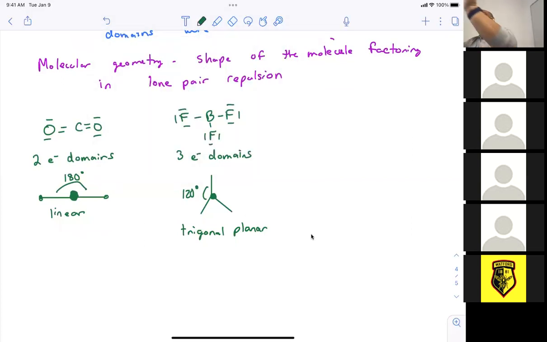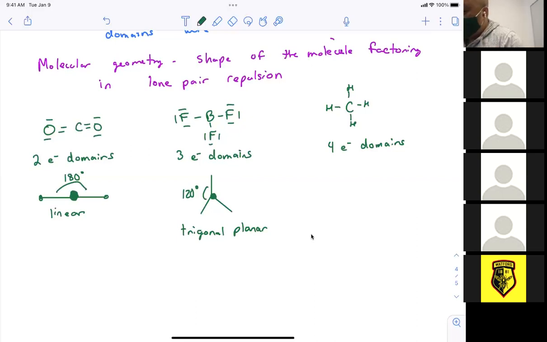All right. We're going to do the next one. CH4. Okay. 4 electron domains. This gets trickier because now we need 3 dimensions, because having it all flat and 90 degrees like an axis is not the best way to draw it.